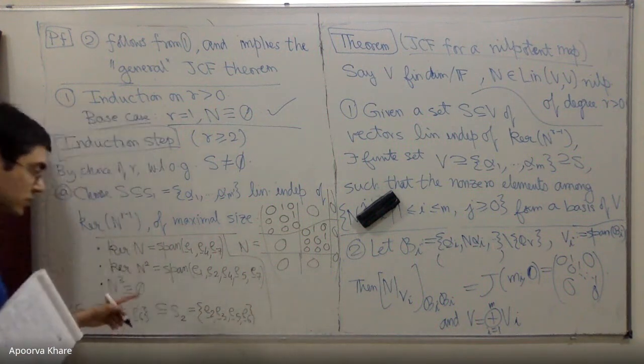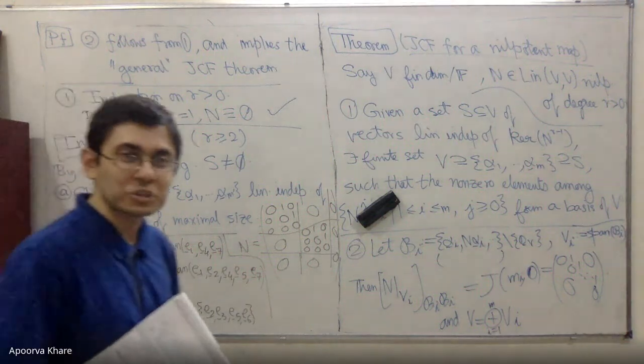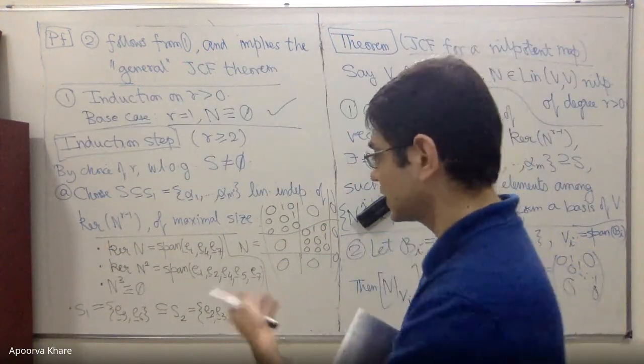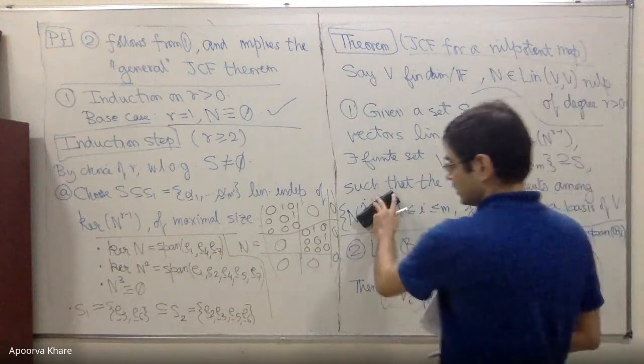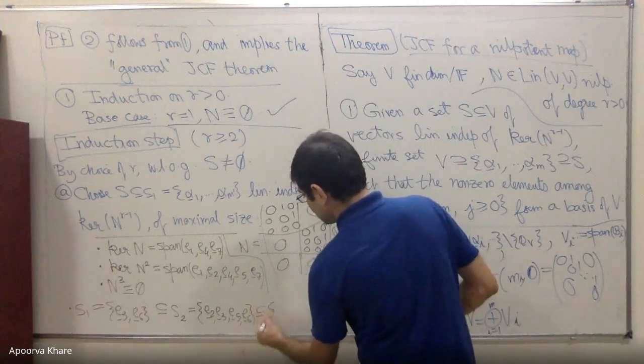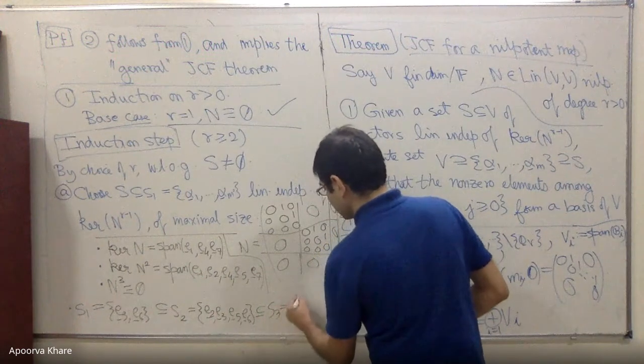And then there's S3, which is independent of kernel of N cubed, but N cubed is 0, so it's just the full basis. The full basis is the standard basis, so S3 equals the standard basis.